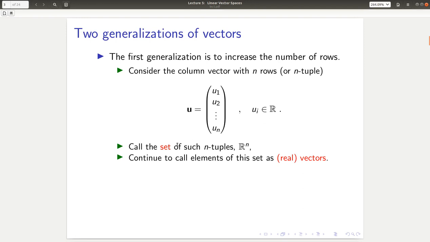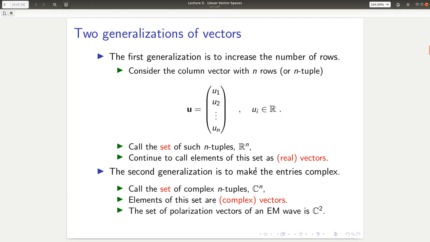We'll form a set of all these and call it Rn. R tells you that the entries are real and there are n rows. We'll continue to call elements of this set vectors, or sometimes, if you want to emphasize that the entries are real, real vectors.